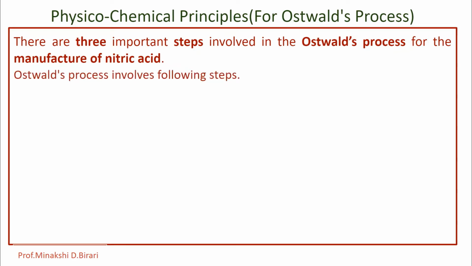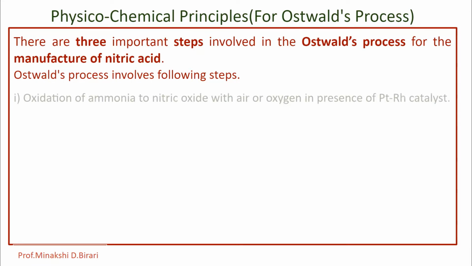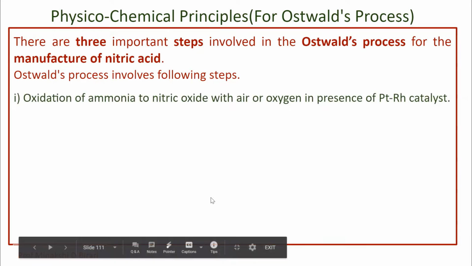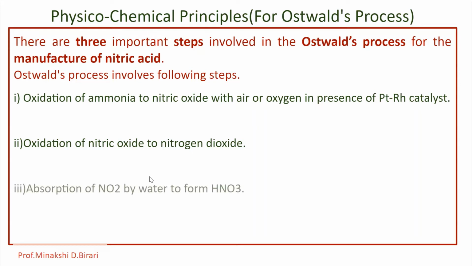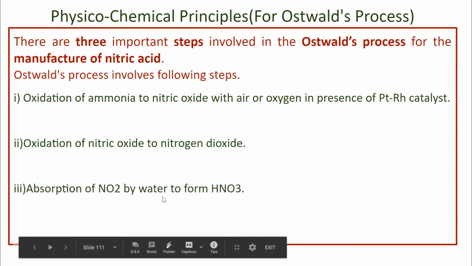So, Ostwald's process involves following steps. First, oxidation of ammonia to nitric oxide with air or oxygen in presence of platinum rhodium catalyst. Then, oxidation of nitric oxide to nitrogen dioxide and absorption of NO2 by water to form HNO3.